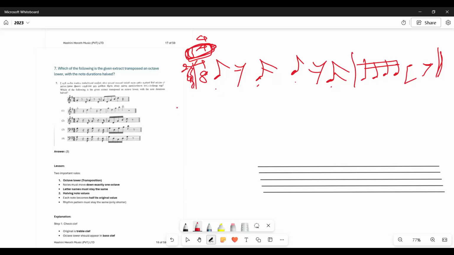Okay, so let's move on to the octave transposition. An octave lower, right? Now if you write this note an octave lower, that would be a G here, right?